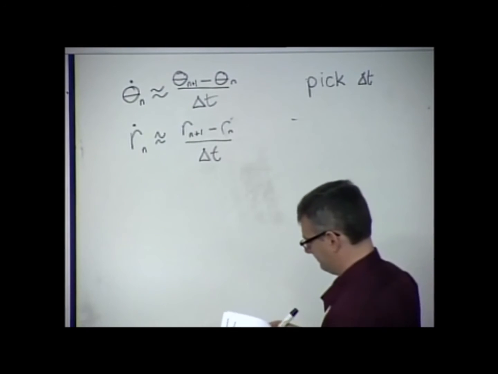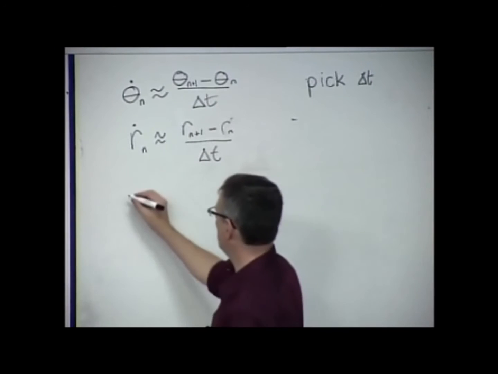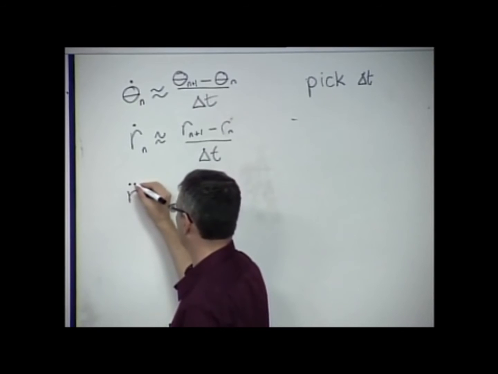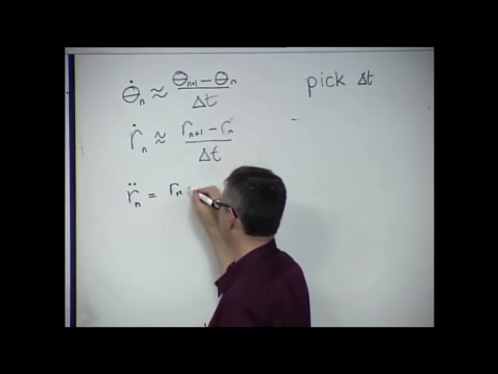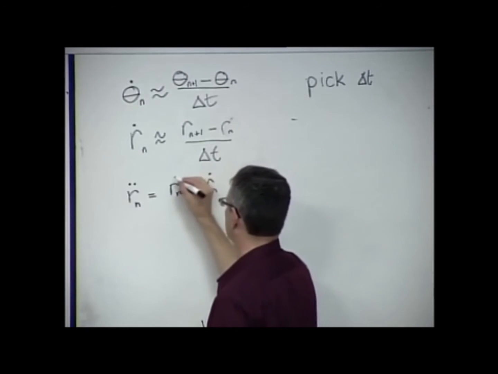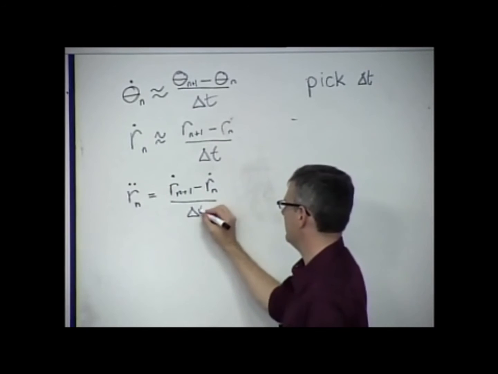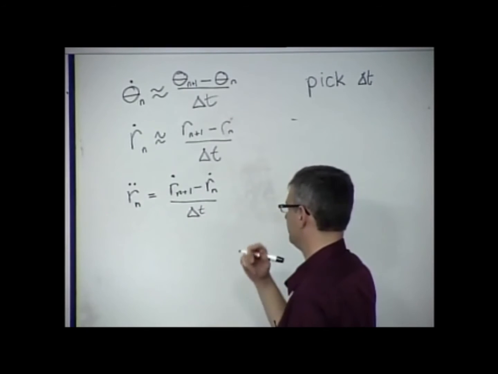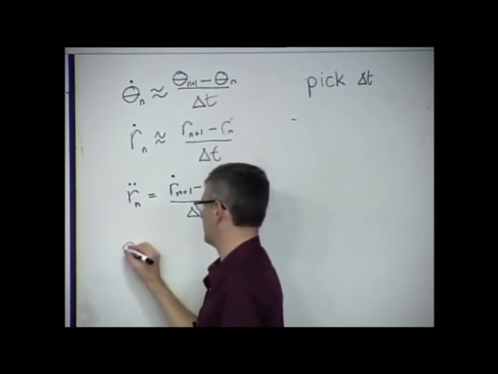And then, of course, if I have a double derivative, then really that's just like taking the derivative of a derivative, right? I take my sample of r sub n dot divided by time. I take this, and I take the two differences.